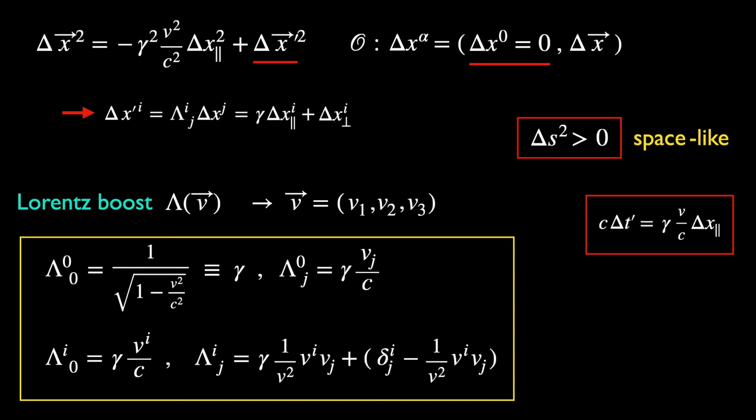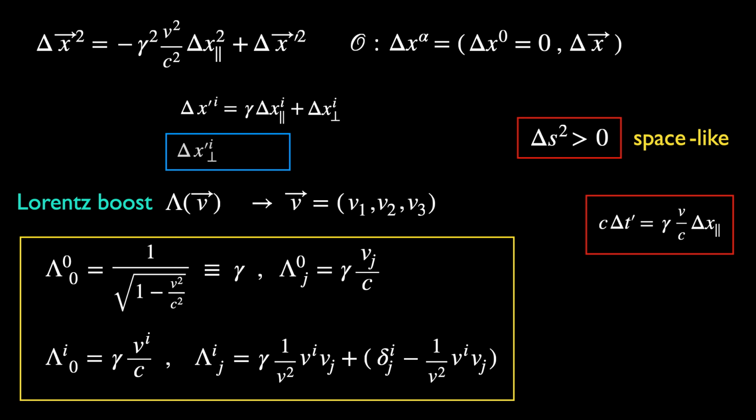This says that the perpendicular component of delta x' is just the same as the perpendicular component of delta x, and therefore they should cancel in the equation above on either side.